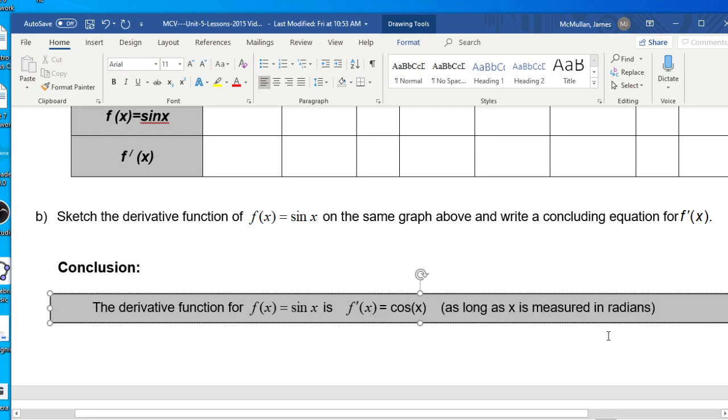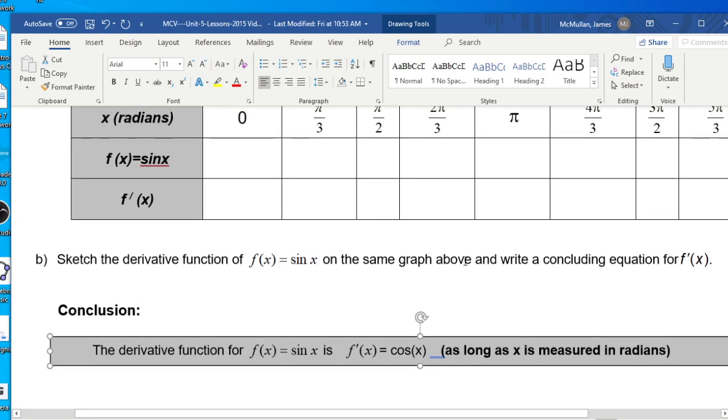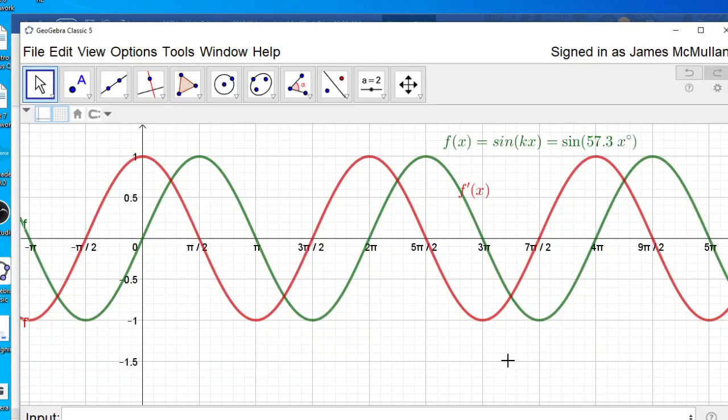And by the way, for the calculus portion of our course, we always assume, unless we're told otherwise, that it's in radians. So everything is in radians unless it explicitly asks for degrees. This relationship, the derivative of sine is cos, is true as long as it's measured in radians.